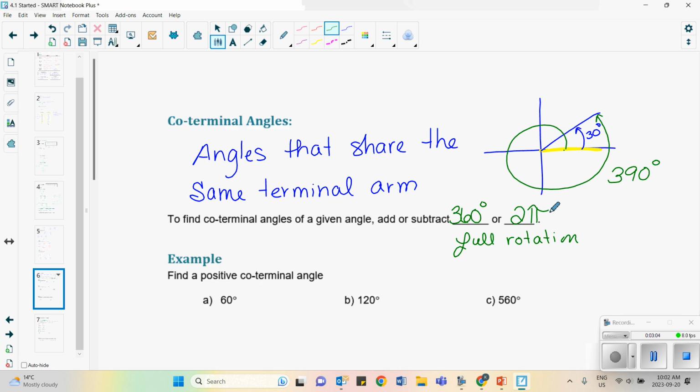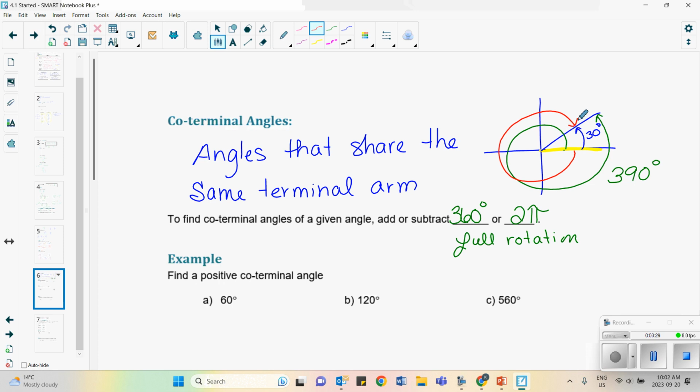It's super exciting. Use red this time. So for negative, we travel in a clockwise direction. Starting at the positive x-axis, we're going to travel in a clockwise direction and end here. What angle measurement is that?